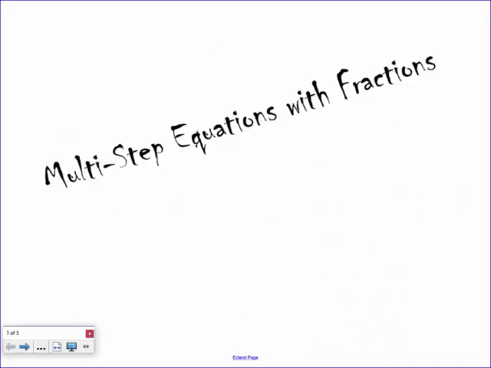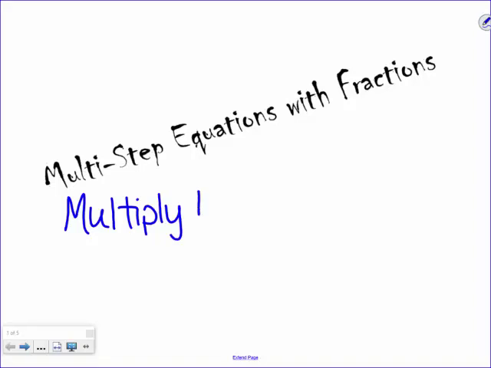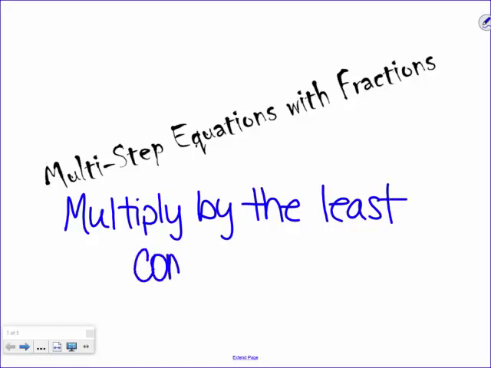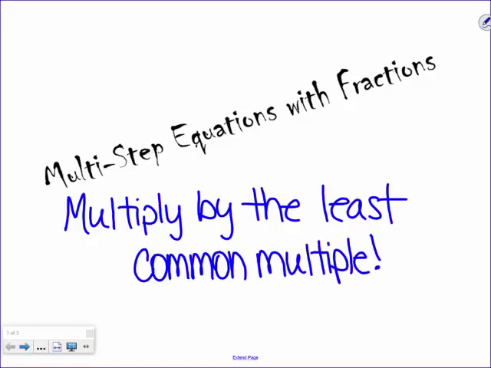Okay, so going back to this screen, what I want you to do, so you've already titled your paper at the top, just right below your title on page 13, which is on the left side, I want you to write: multiply by the least common multiple.